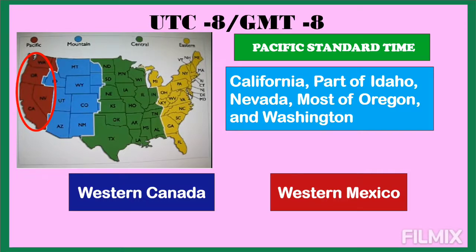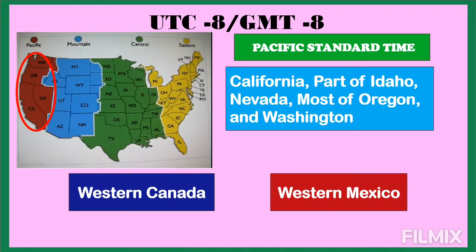Specifically, time in this zone is referred to as Pacific Standard Time or PST when Standard Time is being observed, early November to mid-March, and Pacific Daylight Time or PDT when Daylight Saving Time, mid-March to early November, is being observed. In Mexico, the corresponding time zone is known as Zona Noroeste or Northwest Zone and observes the same daylight saving schedule as the US and Canada.